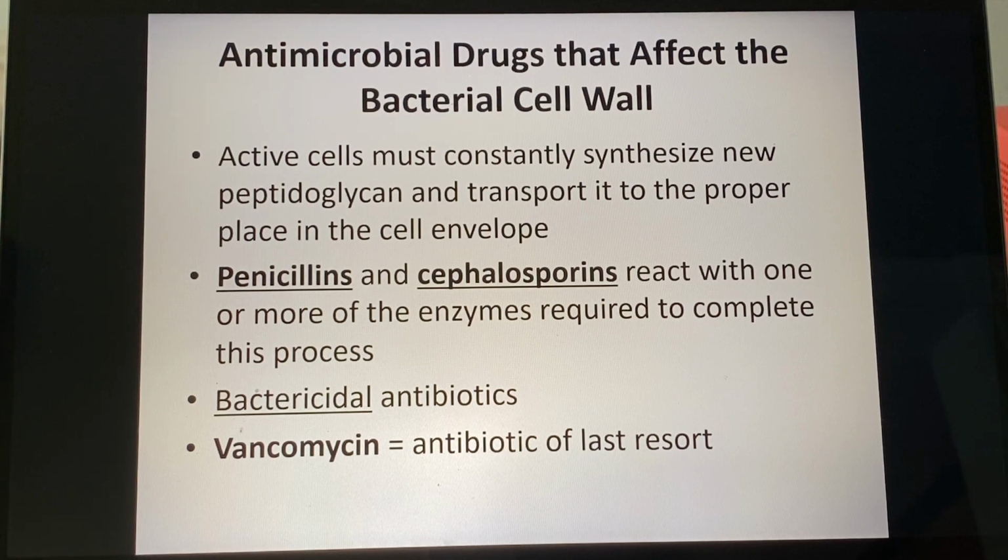One of the other drugs that fits into this category is called vancomycin, which is considered, kind of the slang name is the antibiotic of last resort. And it's used to treat those patients that have MRSA infections, which is methicillin-resistant Staphylococcus aureus, which is a superbug.